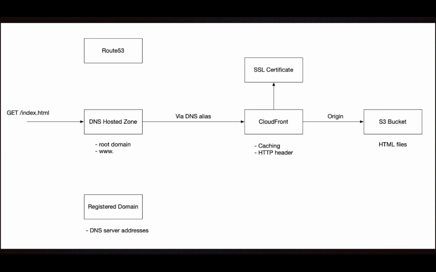It will get the name servers for the domain. These name servers are hosted by AWS, and they use a DNS hosted zone to serve the records, such as root domain, www, and SSL certificate validation records, and they point to CloudFront via a DNS alias.